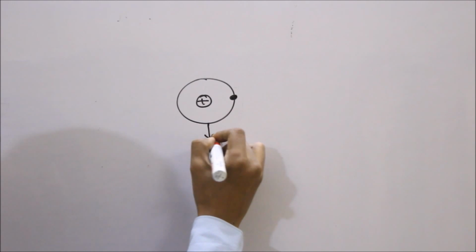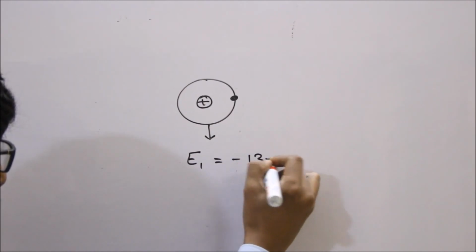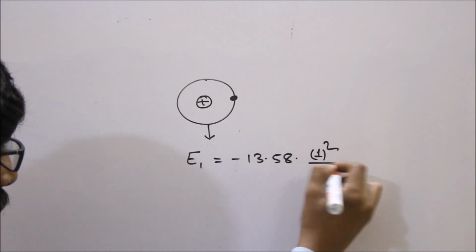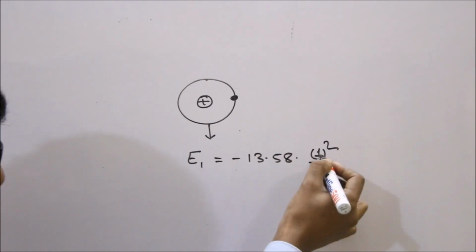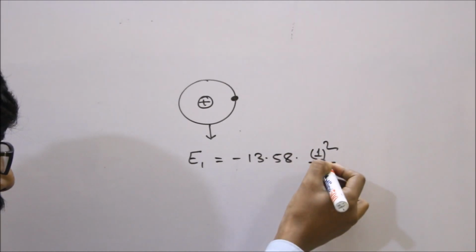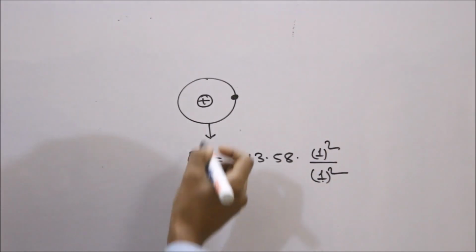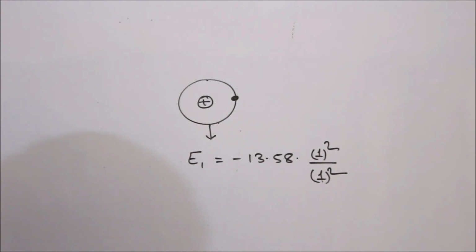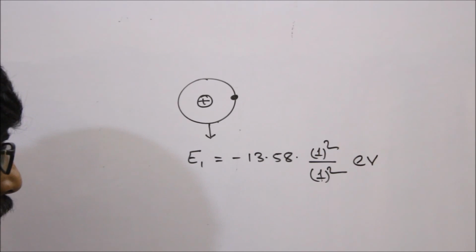Now what is the energy of this first shell? E1 equals minus 13.58 into 1 square by 1 square. This one is the atomic number of hydrogen atom, and this one is the principal quantum number of the first shell, that means 1, and the unit is electron volt.